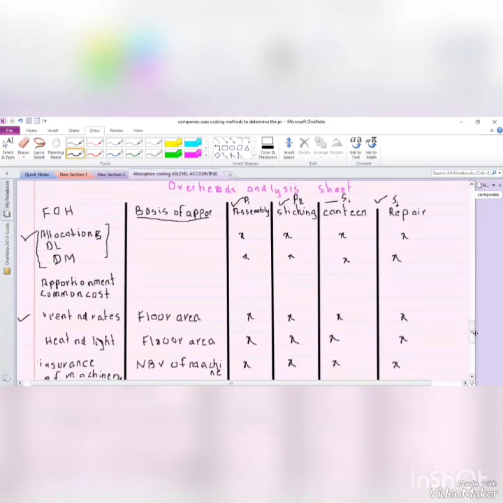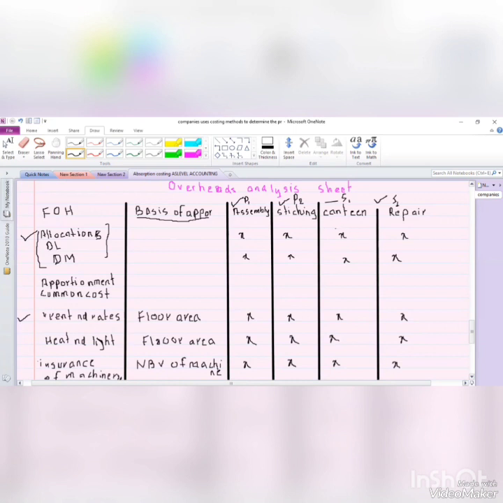Okay. So what we did until now is, first of all, we used the first method of absorption costing, which is allocation. In allocation, we have some specific costs related to direct labor and direct material, and in this step we send these specific costs to the specific departments.